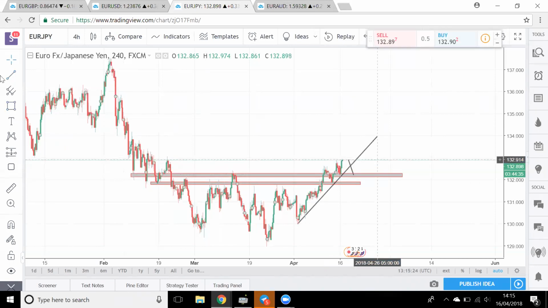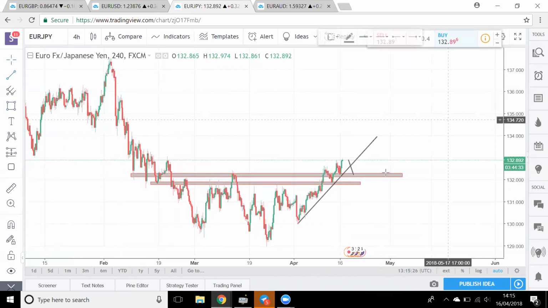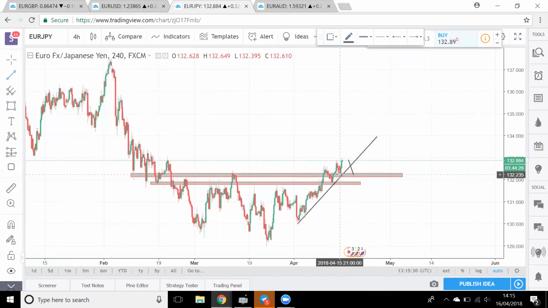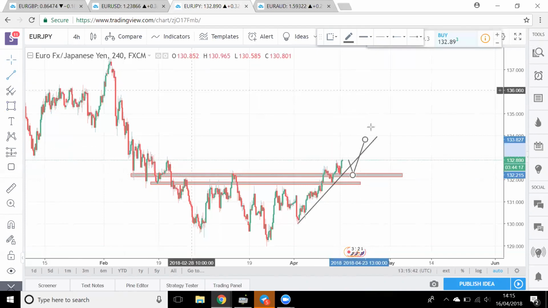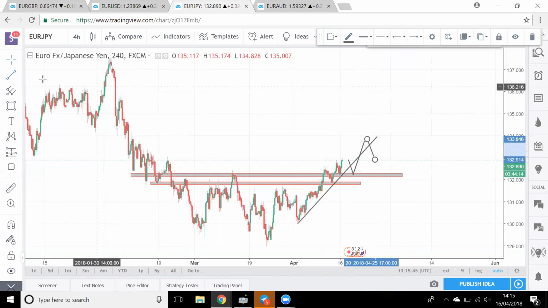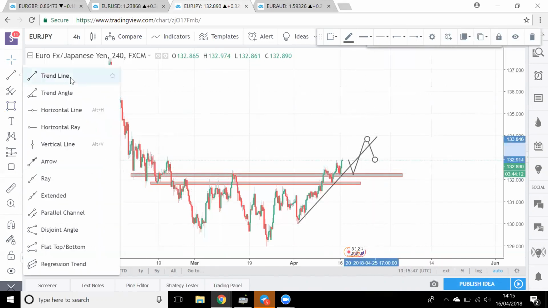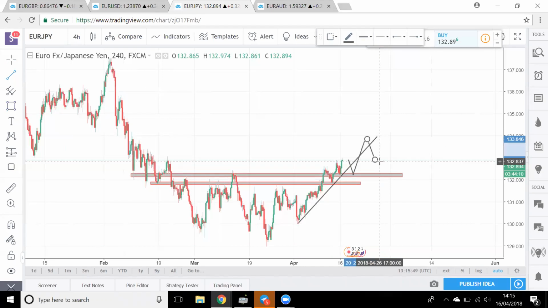I want to see a pullback into the zone, not closing below the zone, not closing below this level of support, not making a lower low, not breaking this low. Just want to see a retracement back into this level to gain liquidity. And then once we gain liquidity, see a big push up, making higher lows, higher highs, all the way back up, basically.